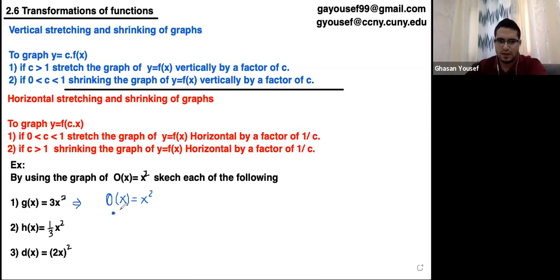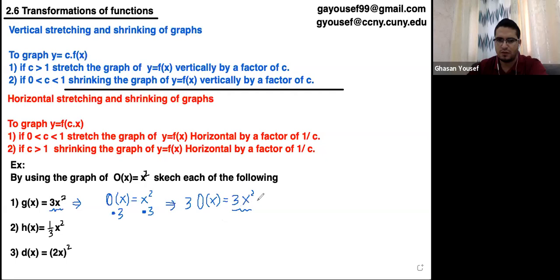So I have to multiply both sides by 3. When we multiply both sides, I would get 3 O of x equals 3x squared. Now 3x squared is similar to this function; both of them are the same.